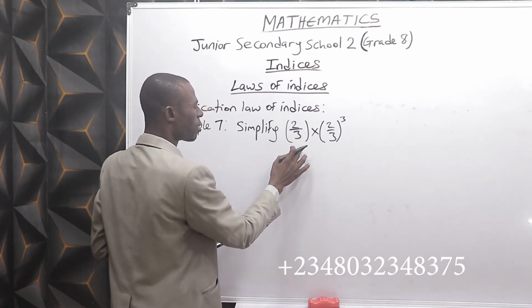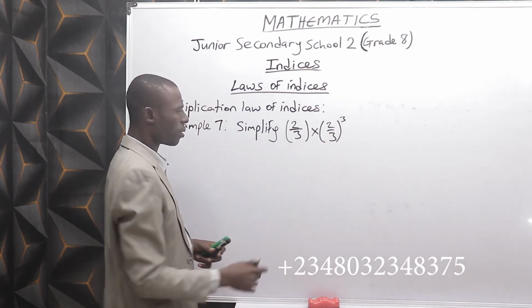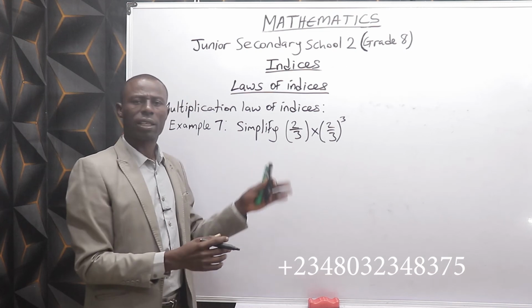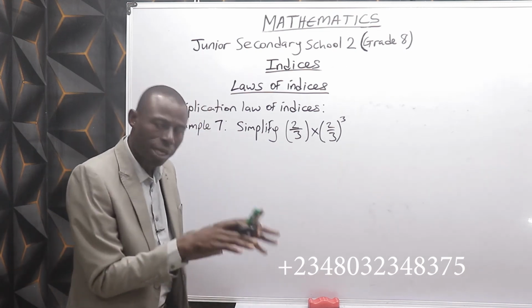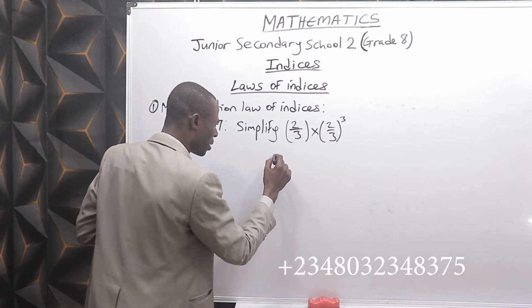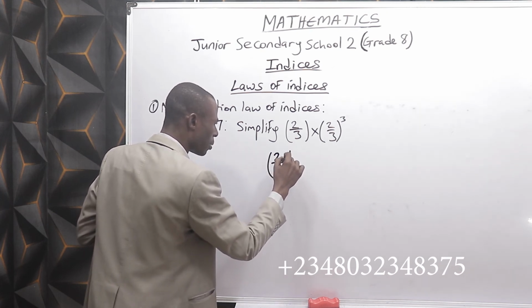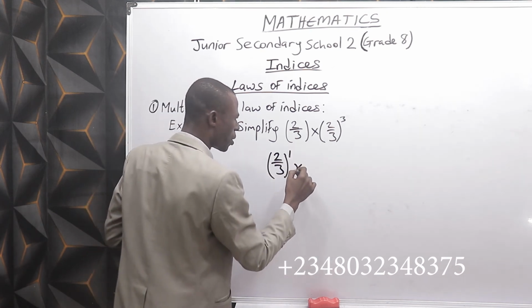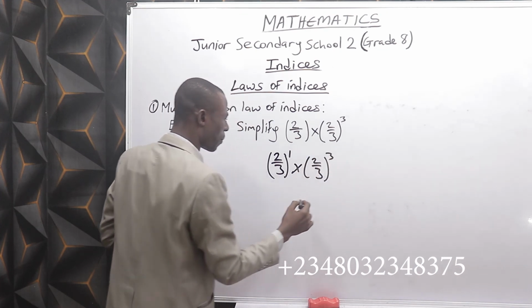Simplify 2 over 3 in bracket times 2 over 3 in bracket raised to power 3. 2 over 3 in this case is a fraction, and that fraction is the base number. So you can now rewrite it as 2 over 3 in brackets raised to power 1 times 2 over 3 in brackets raised to power 3.